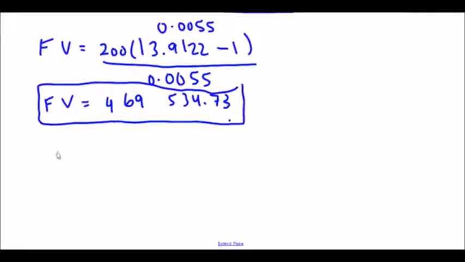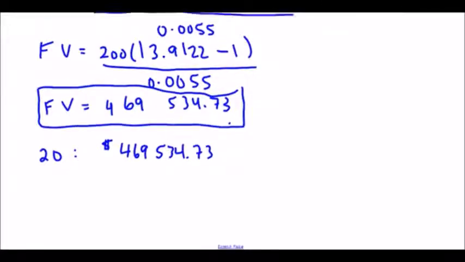So this person, the 20-year-old who deposits for 40 years, would have $469,534.73 in that account. Oh, would be nice.